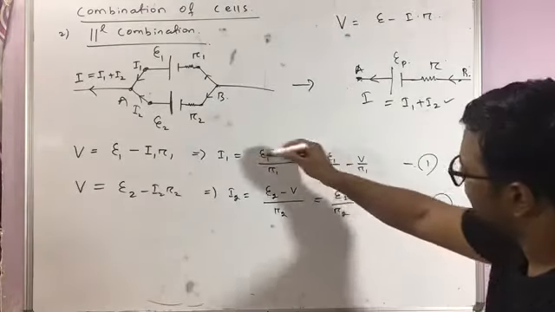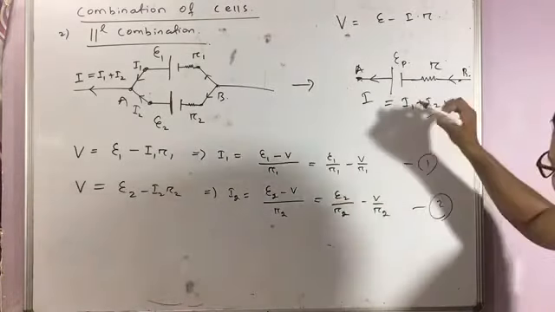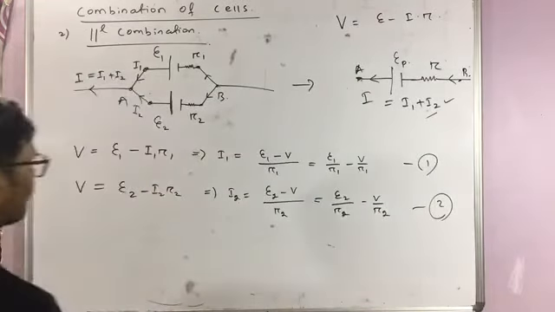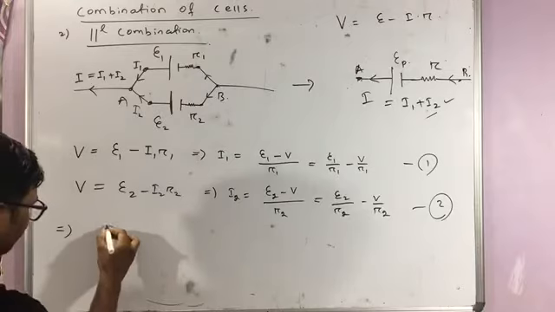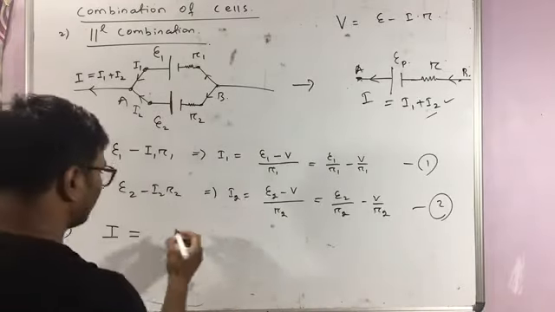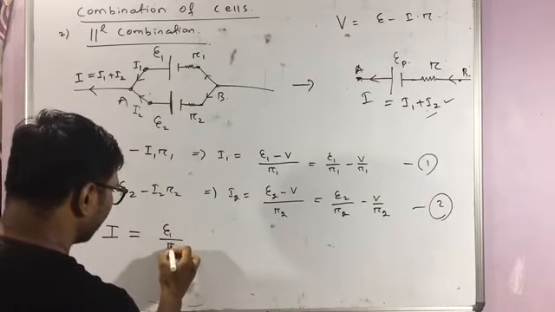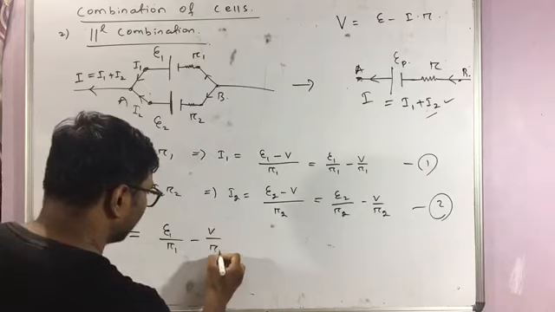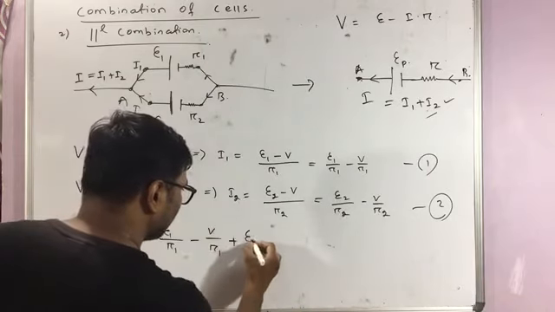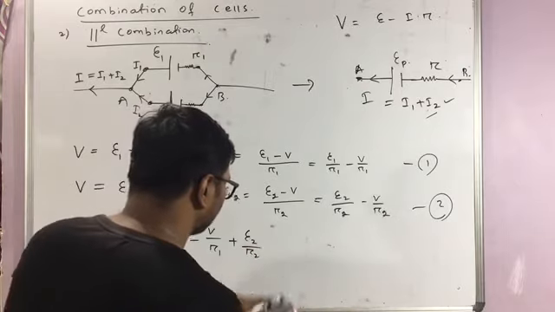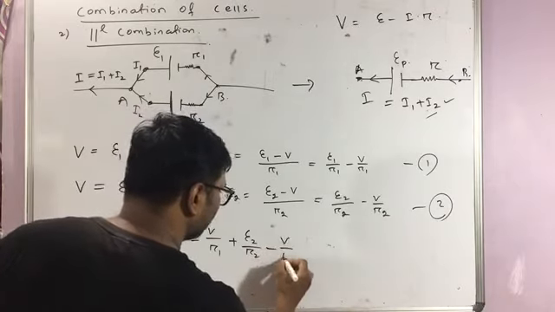So now if you put the value of I1, I2 in this equation, I will be getting I is equal to I1 plus I2, means E1 by R1 minus V by R1 plus E2 by R2 minus V by R2.